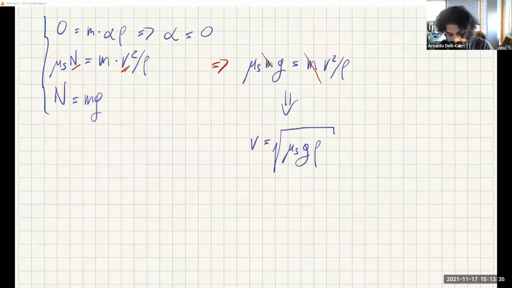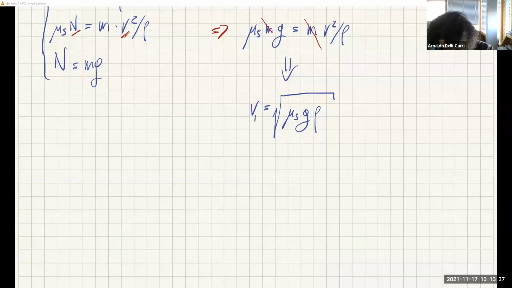So this maximum speed, we call this v max, only depends on the static friction coefficient.